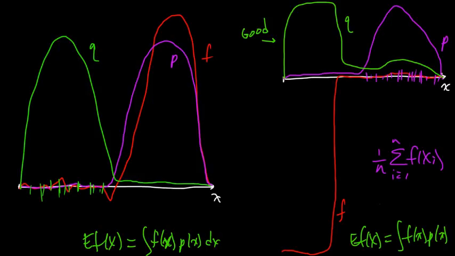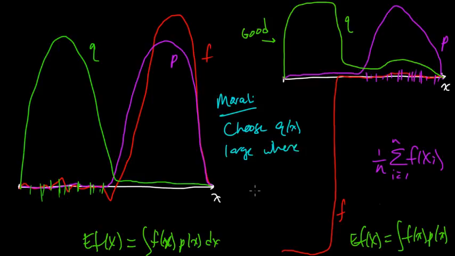So the moral of the story is that you want to choose a good Q. Moral of the story: choose Q large where the magnitude of f of x times p of x, so the absolute value of f of x times p of x, is large.